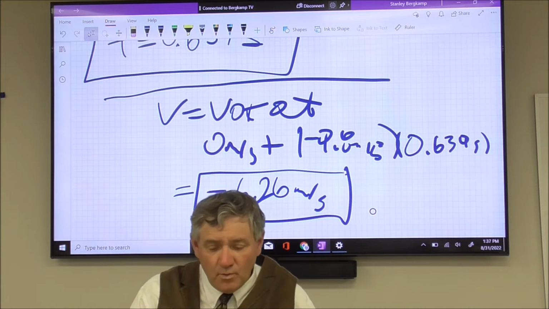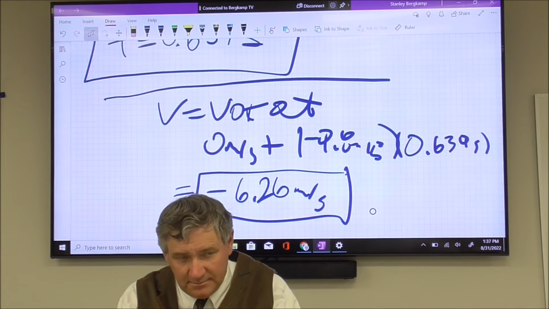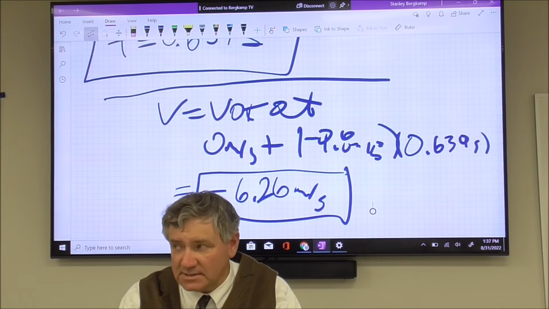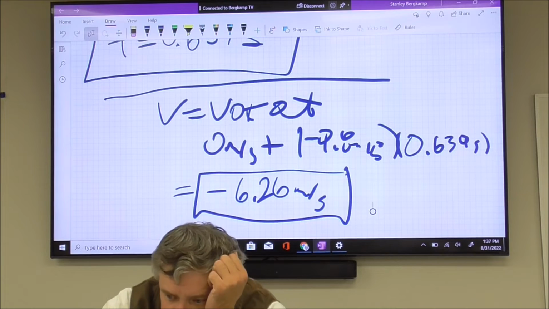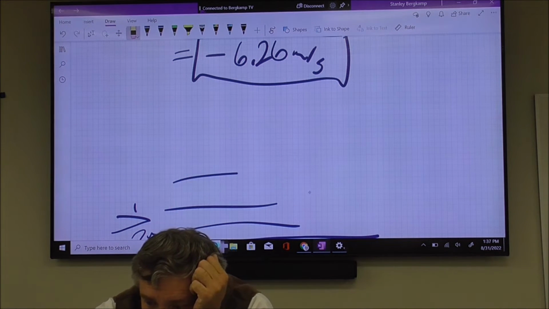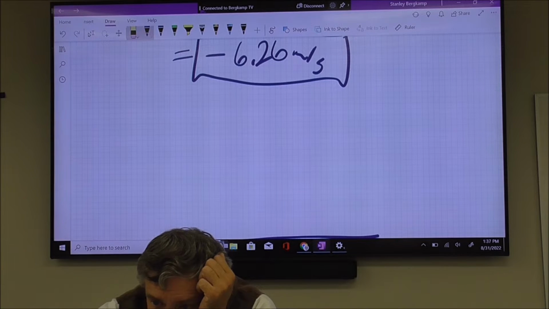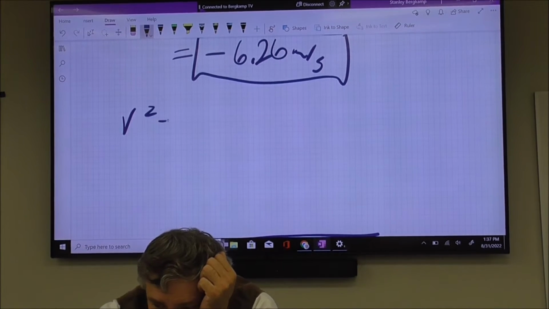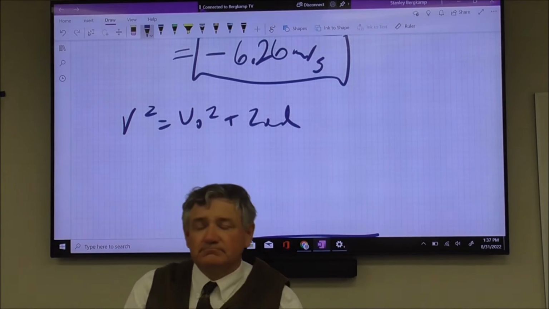Now, is there a way to find the velocity without using time? Let's talk about that equation. So if we try and use that equation, v squared equals v naught squared plus 2ad.